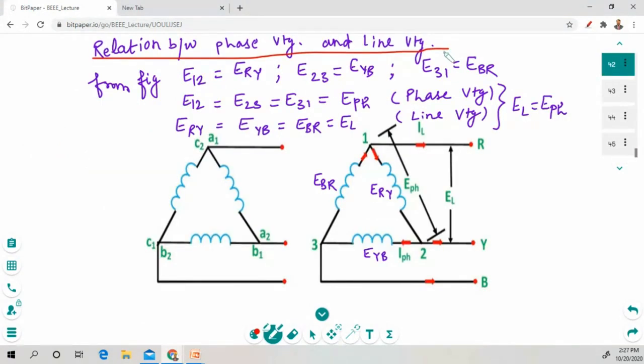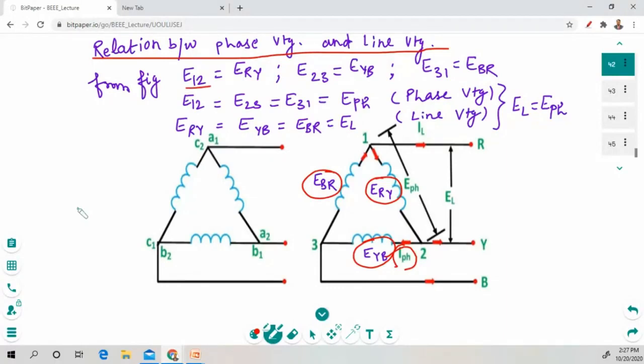Okay, so as we have seen from the previous example, these are the voltages across the phases. And these are the currents across the phases, so these currents are called the phase currents.